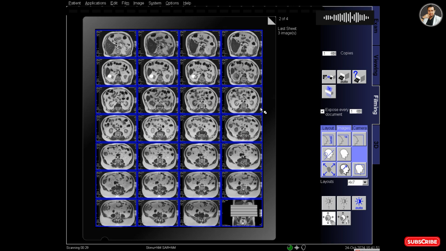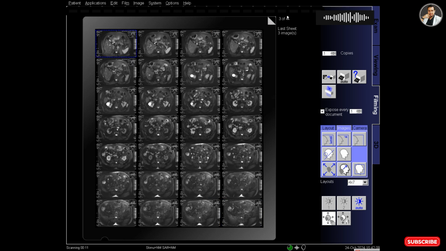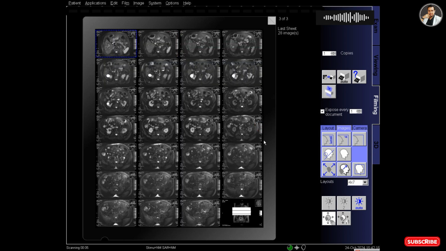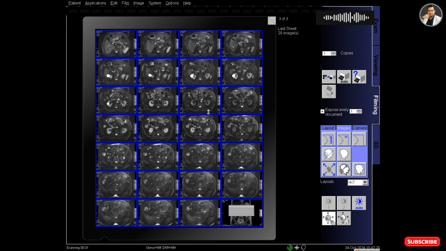Adjusting the window. Adjusting the reference image and changing the contrast of the reference image. So now I am preparing the film for T2 fat set axial.